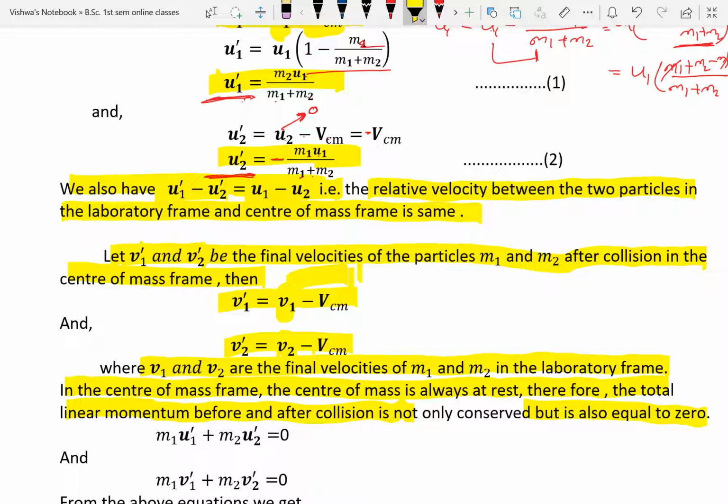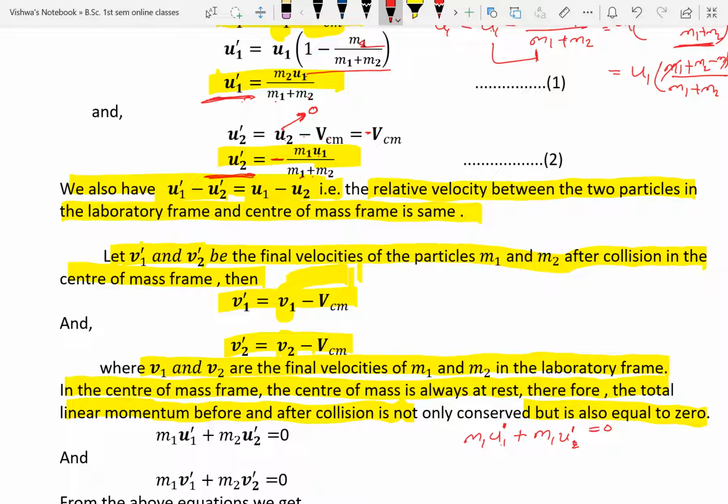Momentum before collision: the mass of the first object is m1 and its velocity in the center of mass frame of reference is u1 prime. So the momentum before collision of the first object is m1 u1 prime, plus the momentum of the second object before collision, its mass and its velocity u2 prime. This u2 prime is not equal to 0, because u2 is 0 in the laboratory frame of reference, but in the center of mass frame of reference it has a certain velocity, u2 prime.